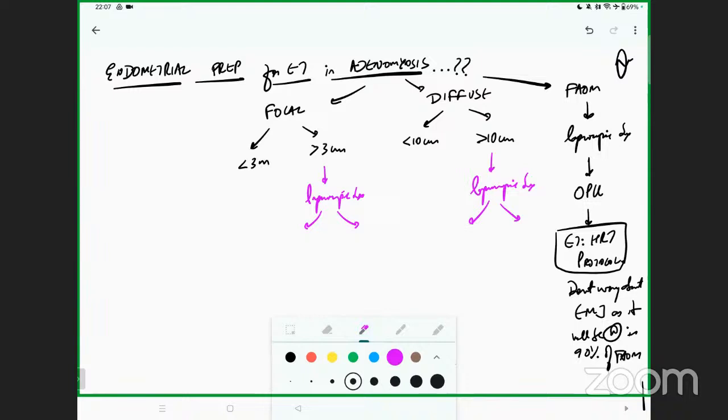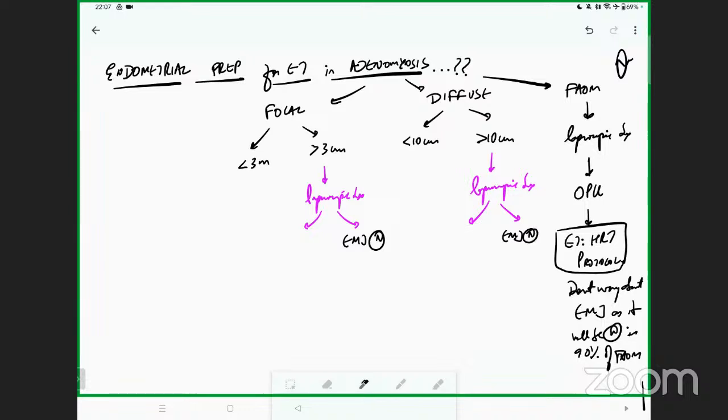I will just label them in black color: endometrial myometrial junction normal, and I will label it in red color: endometrium myometrial junction abnormal.